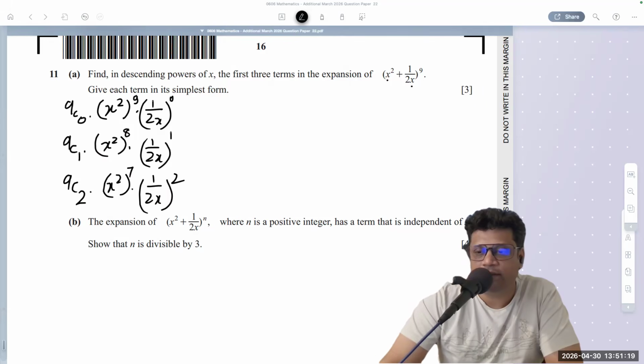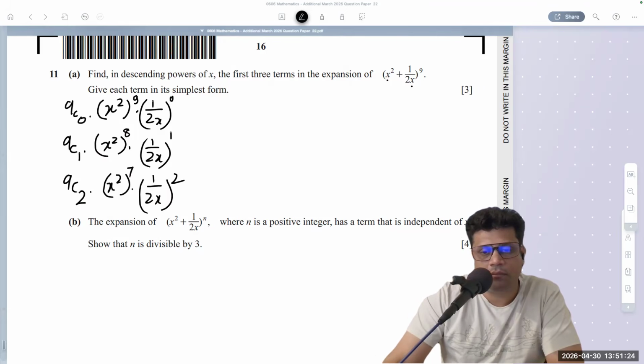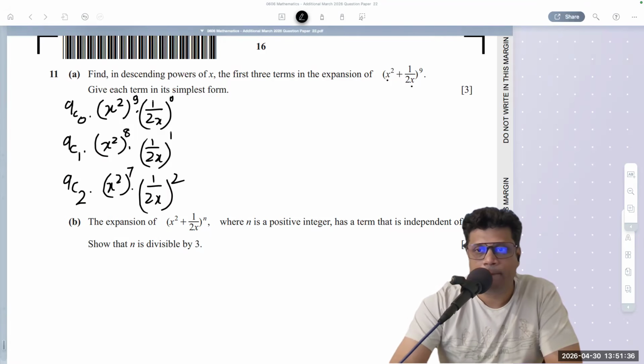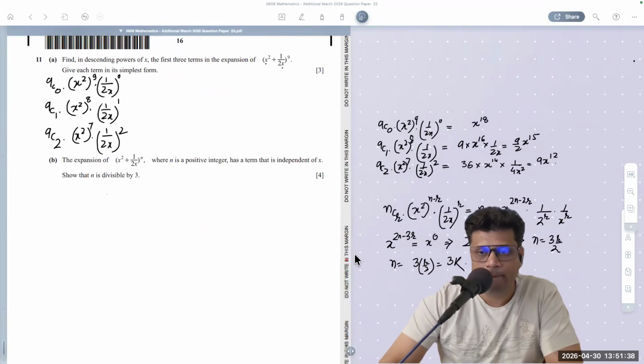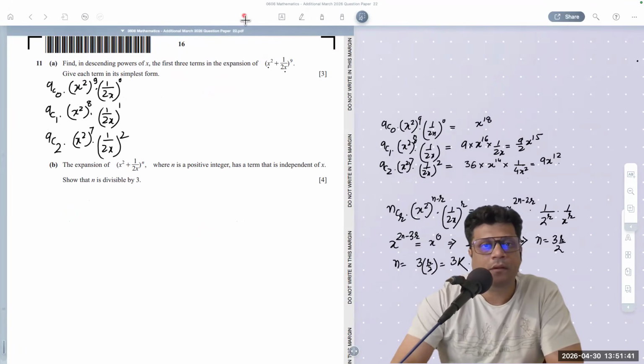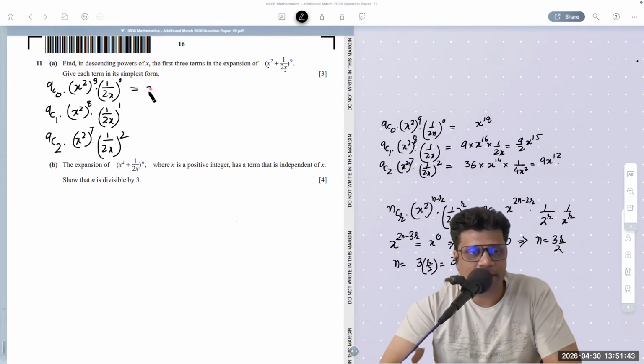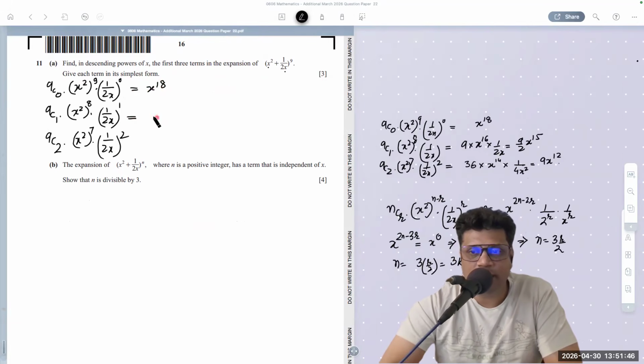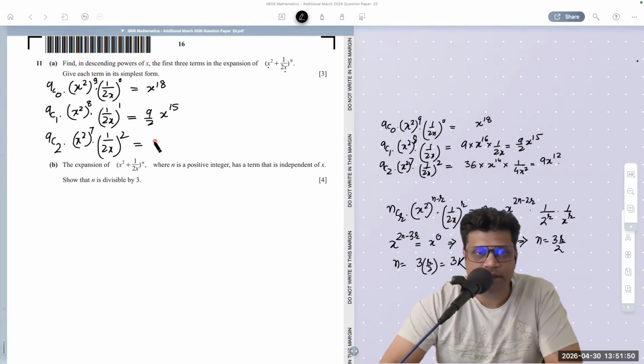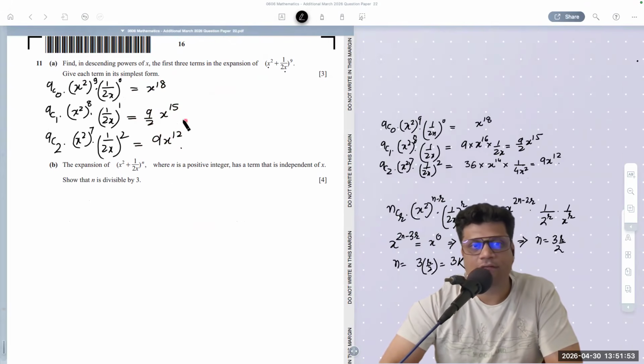Let me check what the answers are supposed to be. Okay, so this comes out to be x to the power of 18. This one is 9 by 2 x to the power of 15. And this one is 9x to the power of 12.